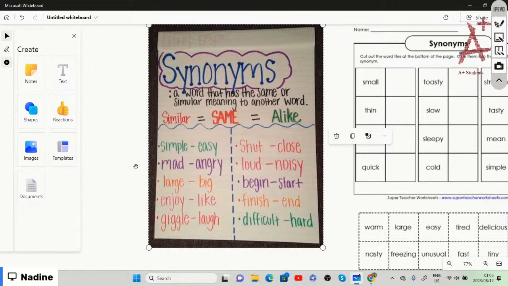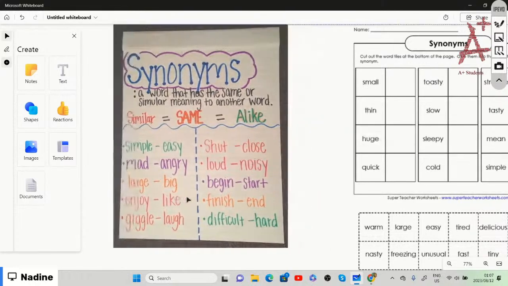Another word for large is big. So it's either large or big, but we can use both of these words. Then we have I enjoy. It's the same as saying I like. To giggle is to laugh. And to shut something is to close something.